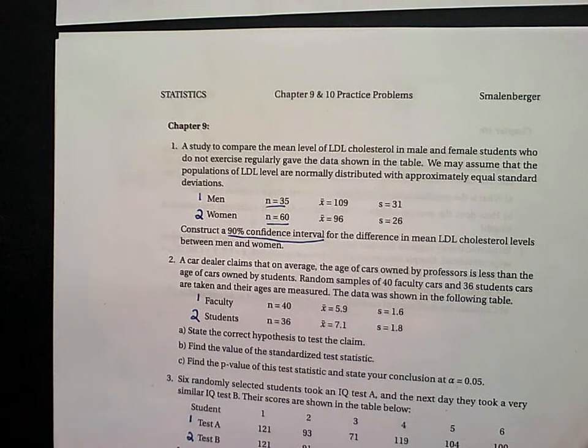A car dealer claims that on average the age of cars owned by professors is less than the age of cars owned by students. That's shenanigans. Random samples of 40 faculty cars and 36 student cars are taken and their ages are measured. The data was shown in the following table.